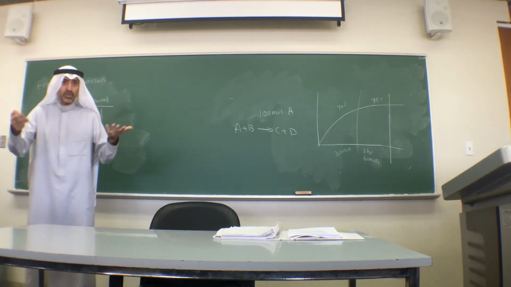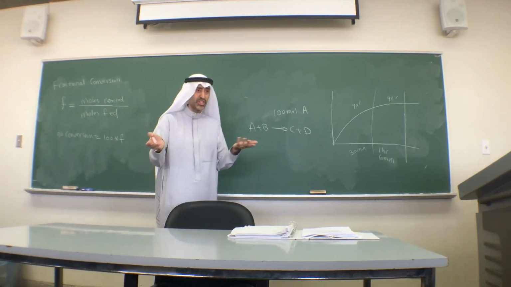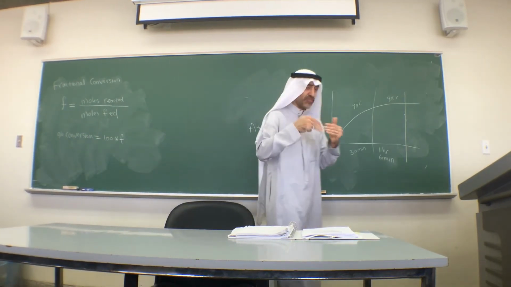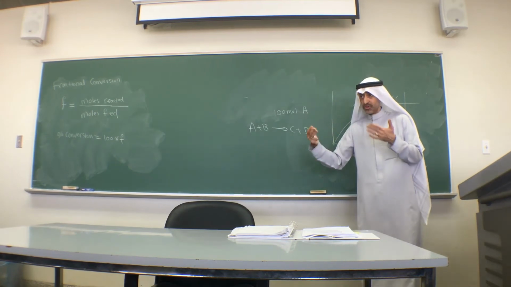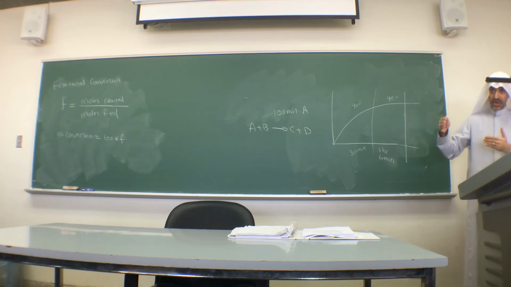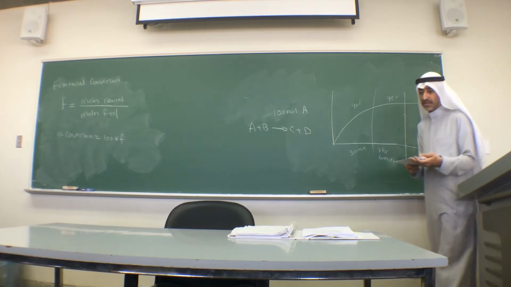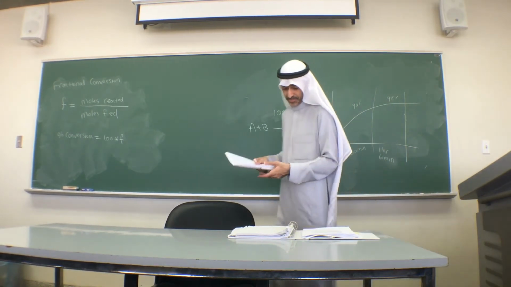In that case, I don't have to calculate which one is the limiting reactant because it is given to me: 90% conversion of one. If it's not given, I have to calculate first which one is the limiting reactant. Clear, guys? Any questions? Okay, let's take an example, and then I will talk about how we can solve any chemical problem.